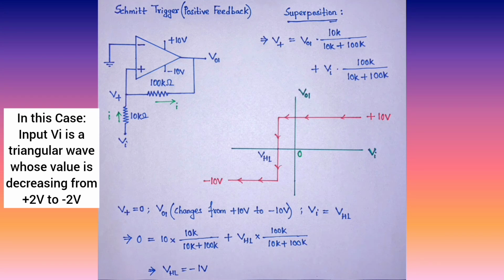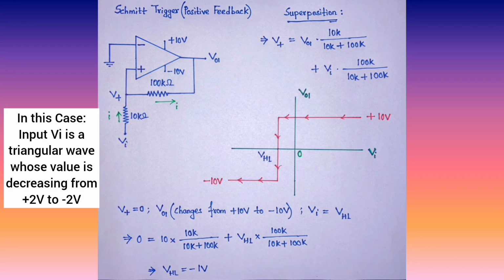Okay. So now we need to find out the value of Vi for which there will be a transition in the output from plus 10 volt to minus 10 volt. As we know, this op amp is already saturated because it is in positive feedback. So we have to find out at what value of Vi your V plus is going to be first 0 and then lesser than 0. Because if you see this equation, as Vi is decreasing, your V plus will also decrease.